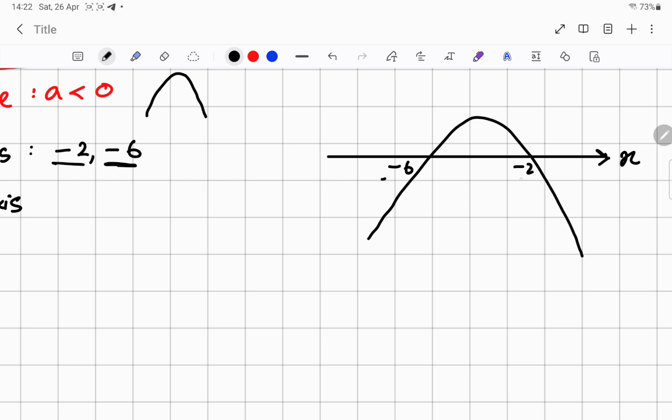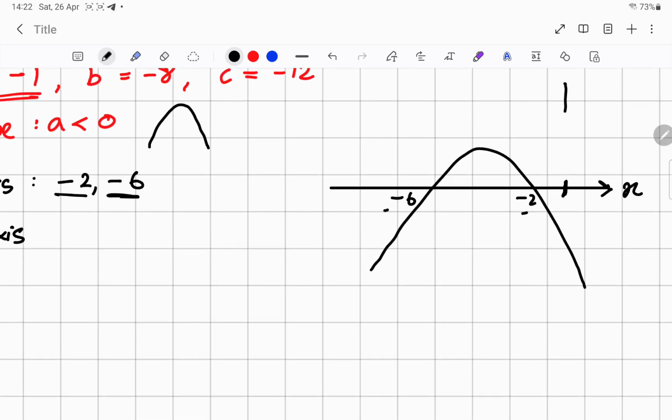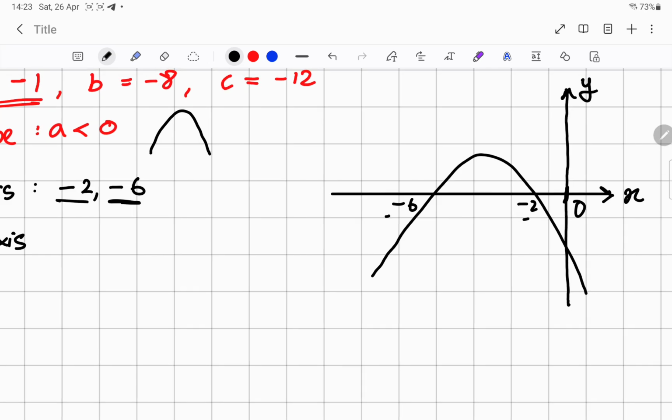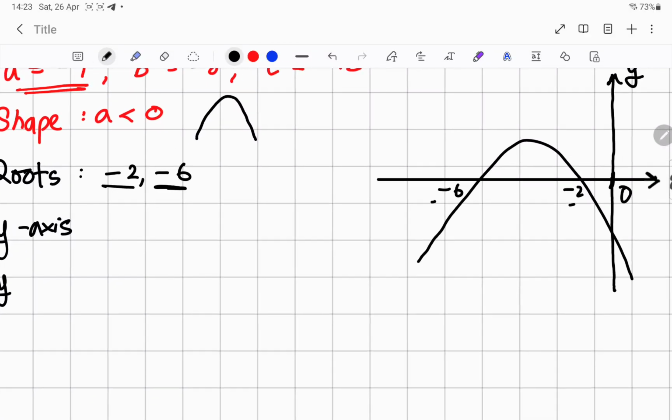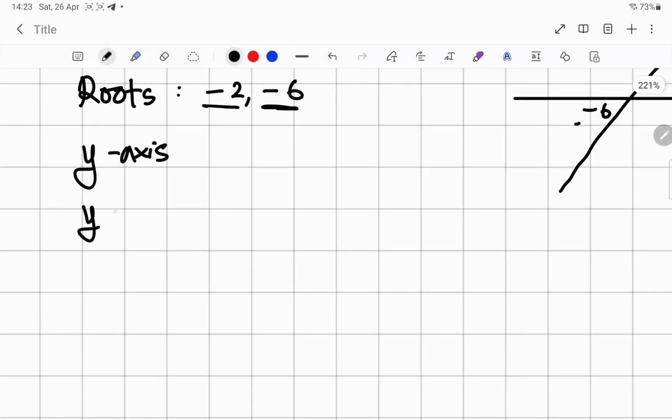This is -6, -2, so 0 should be somewhere here. So draw a straight line down; this is your y-axis. After you draw the y-axis, what is your y-intercept?